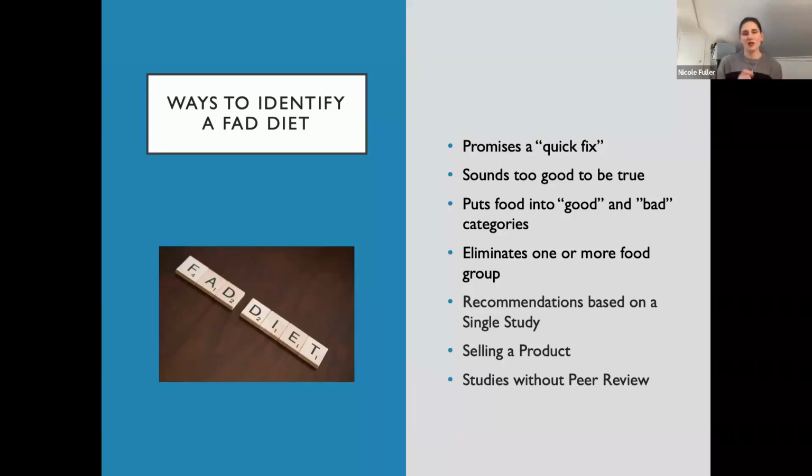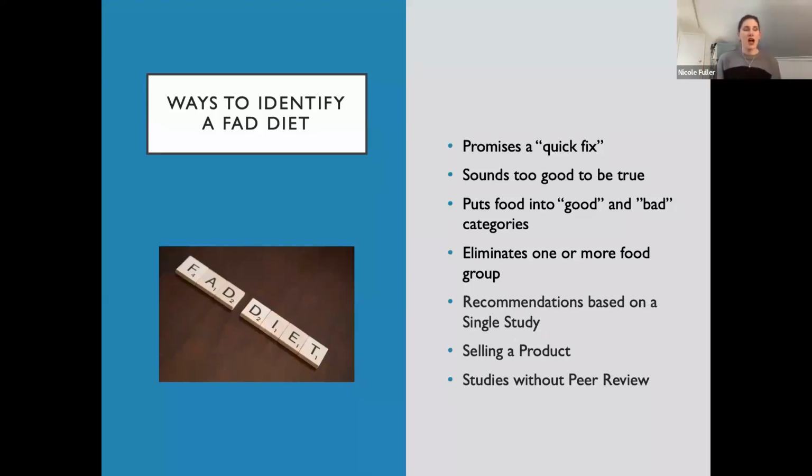Also, fad diets will often label foods as good or bad, or they'll put them into categories like you cannot eat this because it's bad for you, these are the only good foods, and that ties into eliminating one or more food groups, right? So a fad diet is quite often eliminating one or more food groups.